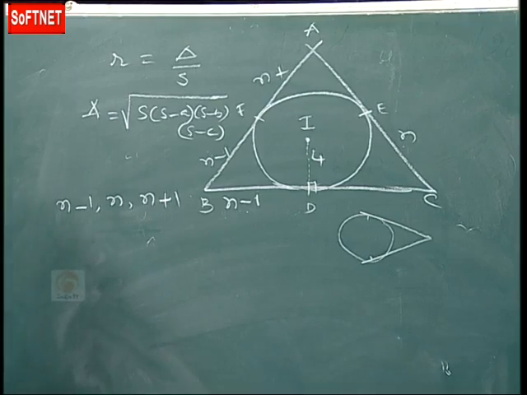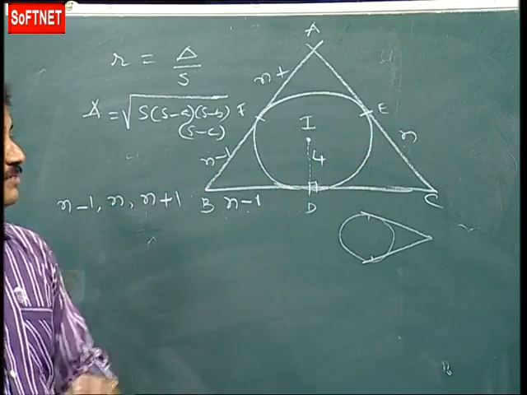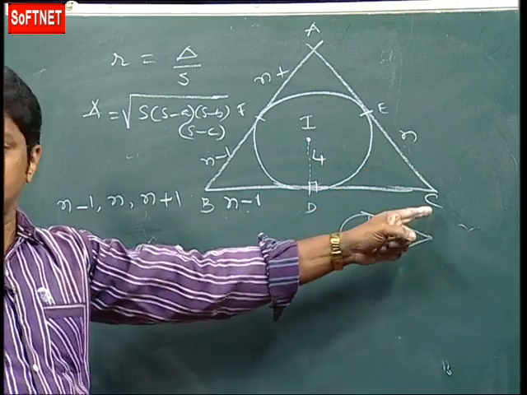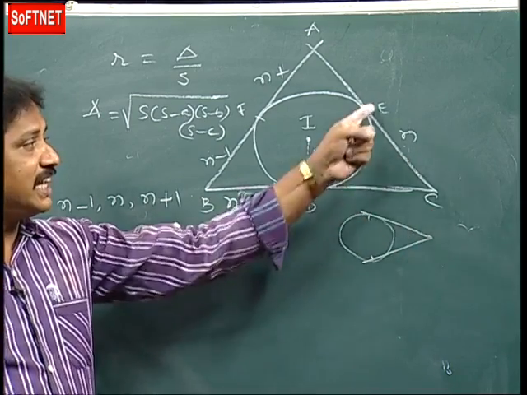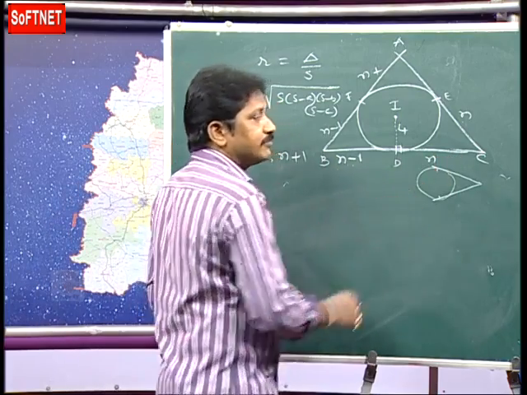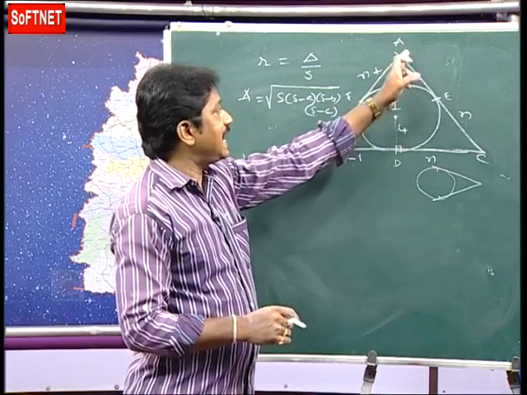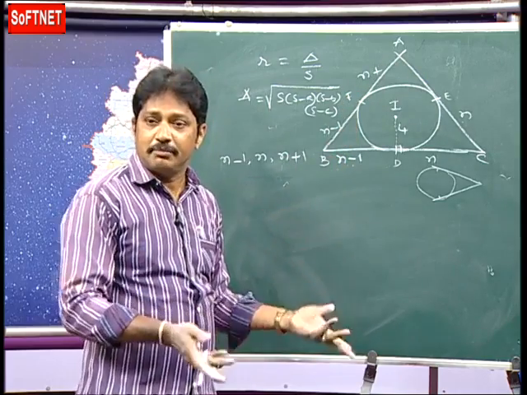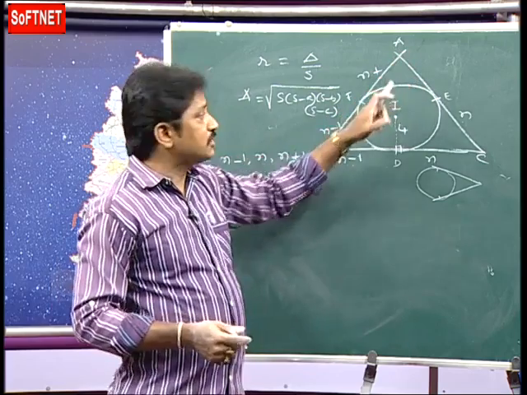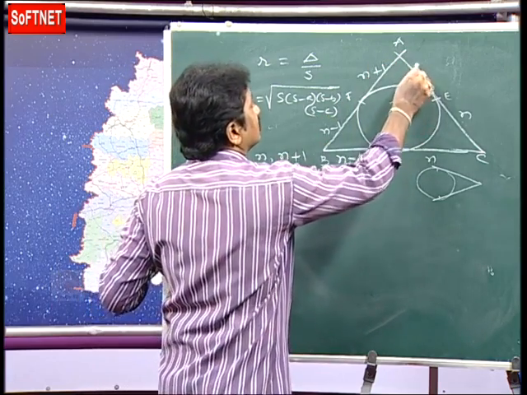Now, coming to the next: CD and CE are also two tangents drawn from the external point C. When CE is n, CD is also n. Now, AE and AF are the same, because those two are tangents drawn from the external point A. So when AF is n plus 1, AE is also n plus 1.